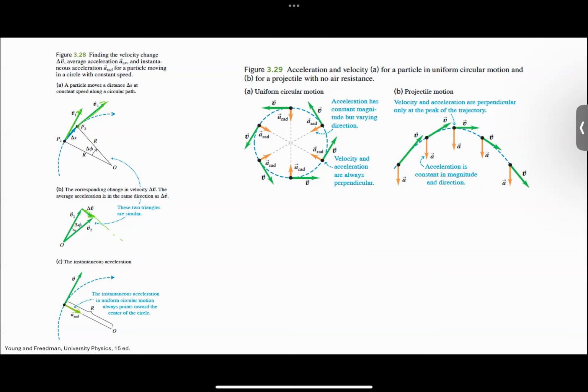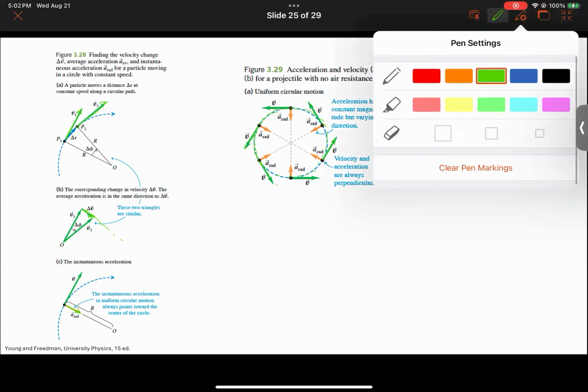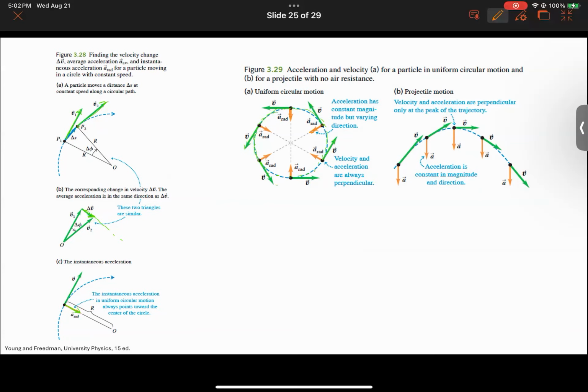Kung halimbawa meron kayong object undergoing uniform circular motion, yung speeds do not change, pero yung direction changes. And at each point dun sa trajectory, yung radial acceleration ay pointing towards the center of the circle.